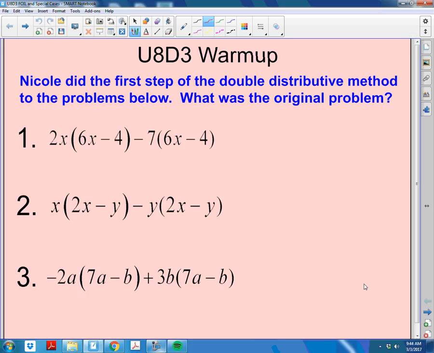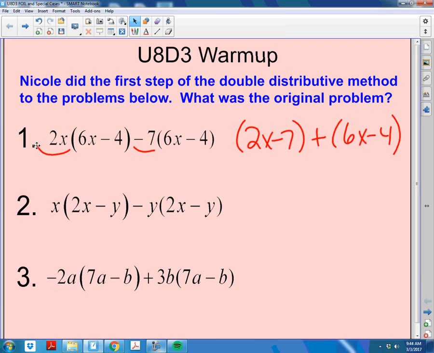Okay, so let's start with that. So he had it right. So it was definitely 2x minus 7, right? But then you said, is it plus 6x minus 4? No, it would be multiplying because we are distributing.